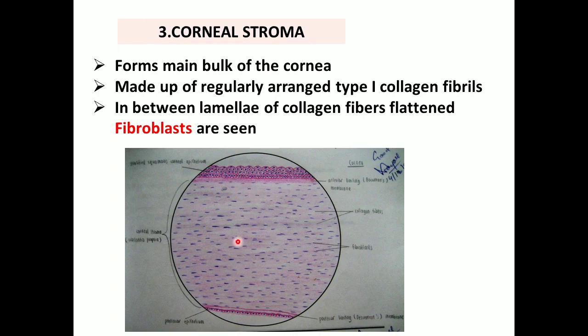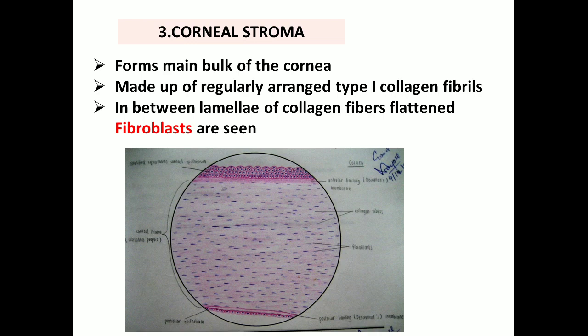Next is the corneal stroma. The main bulk, the main thickness of the cornea, is formed by the corneal stroma, and this layer is made up of thin, highly regularly arranged bundles of type 1 collagen fibers.